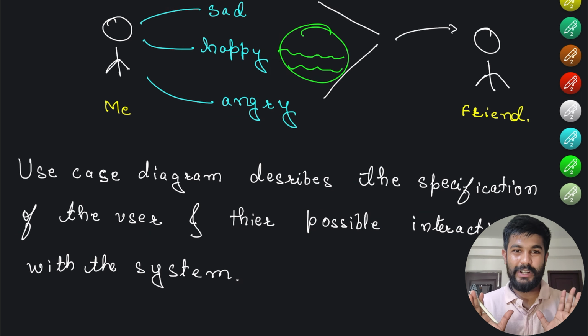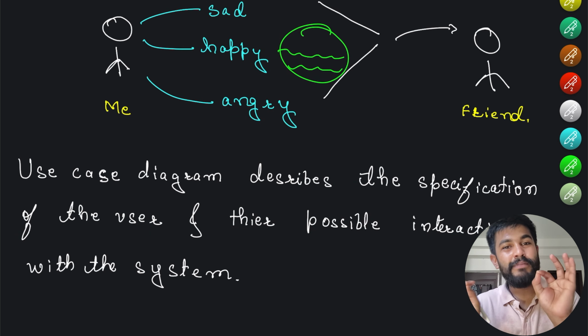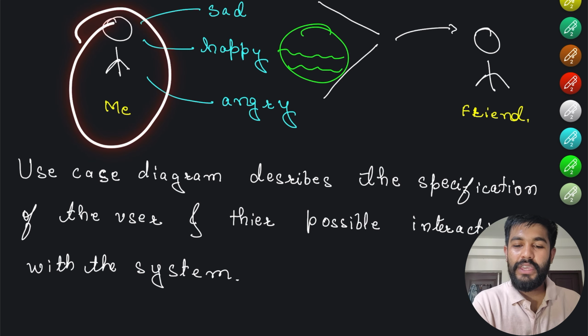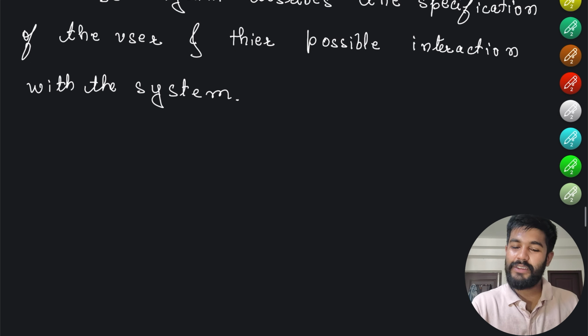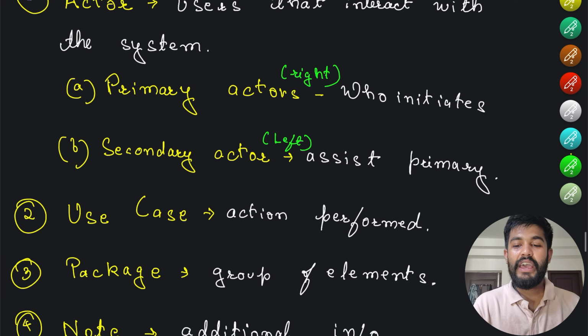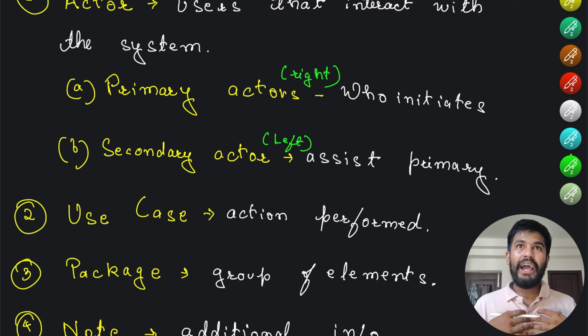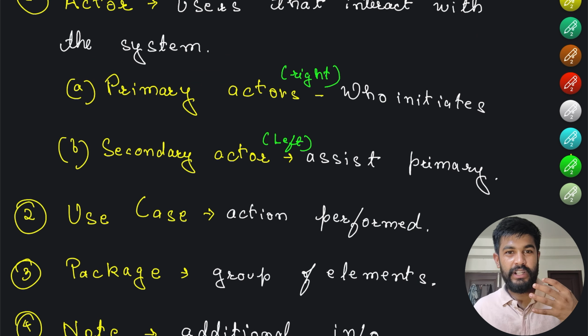So this was it. So let us understand the different components of a use case diagram. So this is me, and I told you this is an actor. So basically I can say that the users that interact with the system are known as actors. Now this is important. I am sad to the outside world.